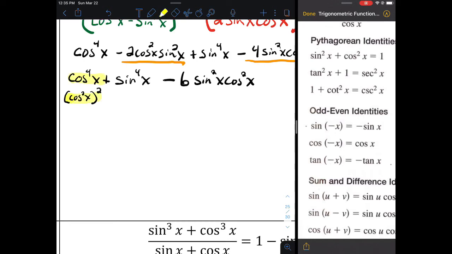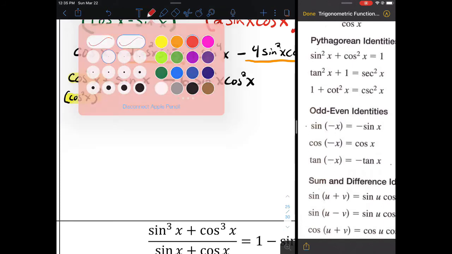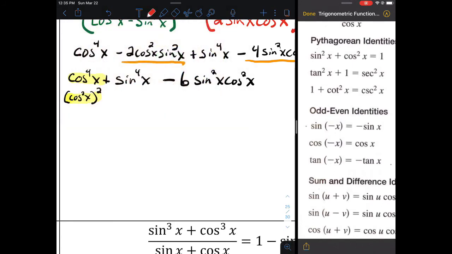All right, so that is going to be my move here. And I'm going to replace the cosine squared with 1 minus sine squared x. And then I'm going to write the rest of my problem.